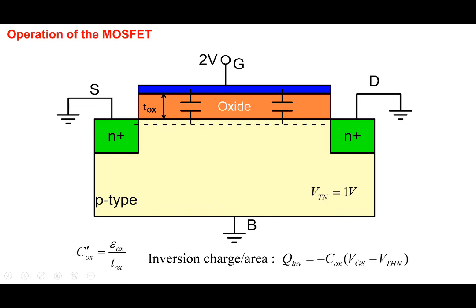And when the gate voltage is less than the threshold voltage, there are electrons at the surface, but they are very small in concentration. Note that the capacitance is capacitance per unit area multiplied by VGS minus VTH. So we can calculate how much inversion charge is there using this relationship if we know the value of the threshold voltage.